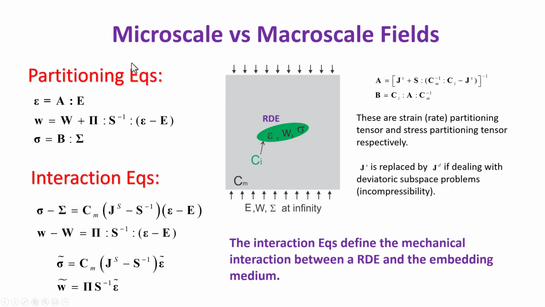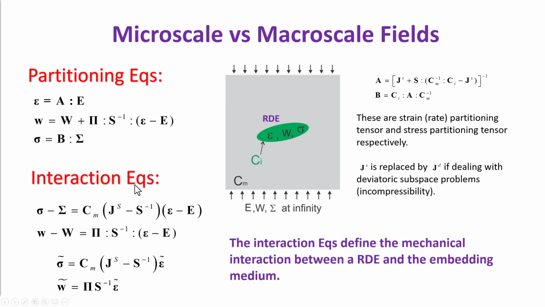For simple reference, we shall call the partitioned fields in an RDE microscale fields, whereas the far field fields are called macroscale fields. And the interaction equations relate the two fields by strain and stress partitioning tensors.